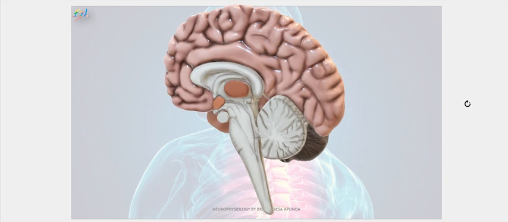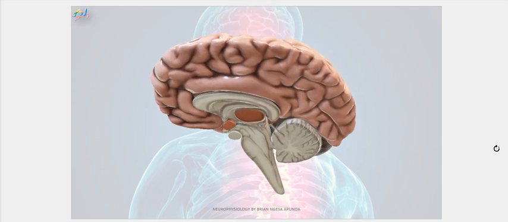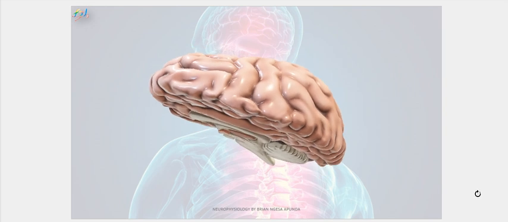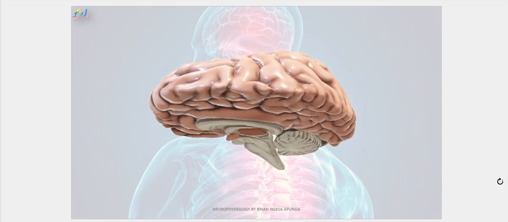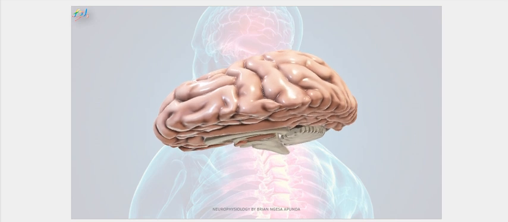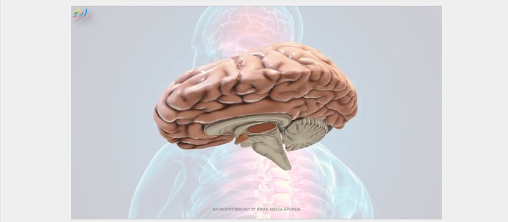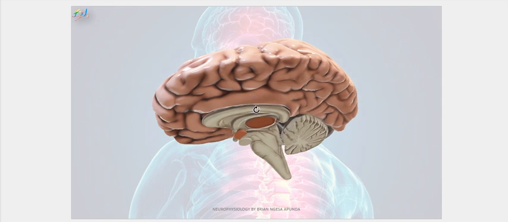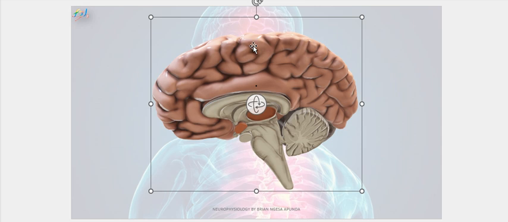So the supplementary area is well viewed medially, if you were to turn this cerebral cortex medially. So medially to it, we'll be able to see the internal area, the supplementary area.